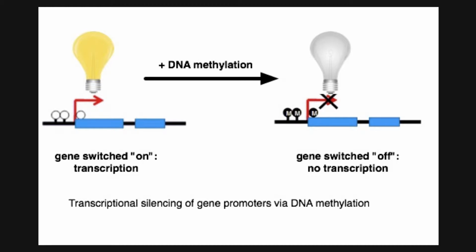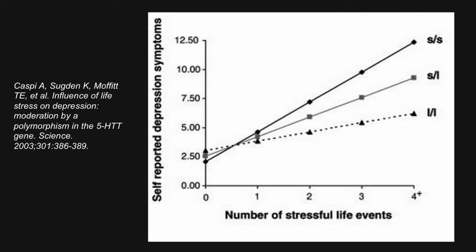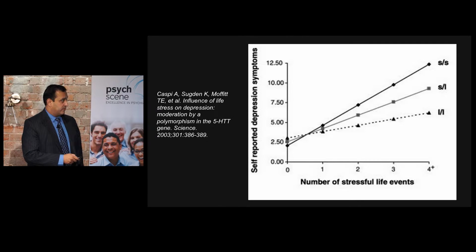So the CASPI study, and you should know CASPI, was a New Zealand-led study looking at stressful life events and odds of depressive symptoms later in life, in a big cohort, looking at gene variants. They found that the short version of the serotonin-related gene variant, the serotonin link promoter region, seemed to be associated with higher odds of having depressive symptoms as a function of the number of life events.